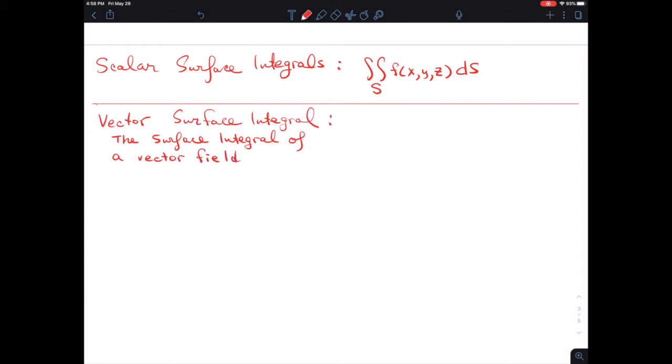So the vector field would be like F over the surface S. Okay, so the integral looks really similar to the double integral over the surface, but here we put a vector field in which has vector output. So big F of x, y, z, and then we're dotting that with ds, the surface differential vector.